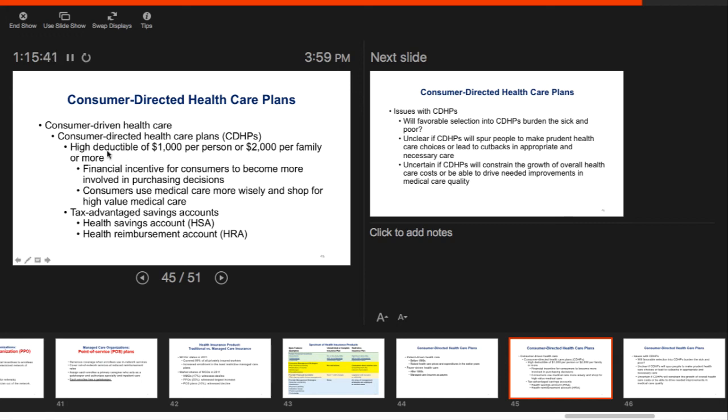This deductible makes them feel that they have to pay at the beginning, before the insurance company covers them. So in the case of a high deductible, consumers use medical care more wisely, shop for high-value medical care, and choose more cost-effective types of care, and the timing is also very important.